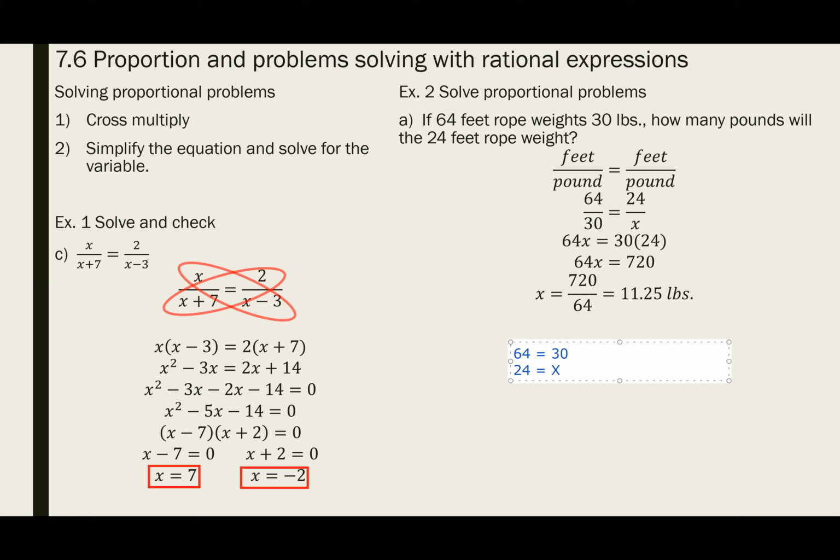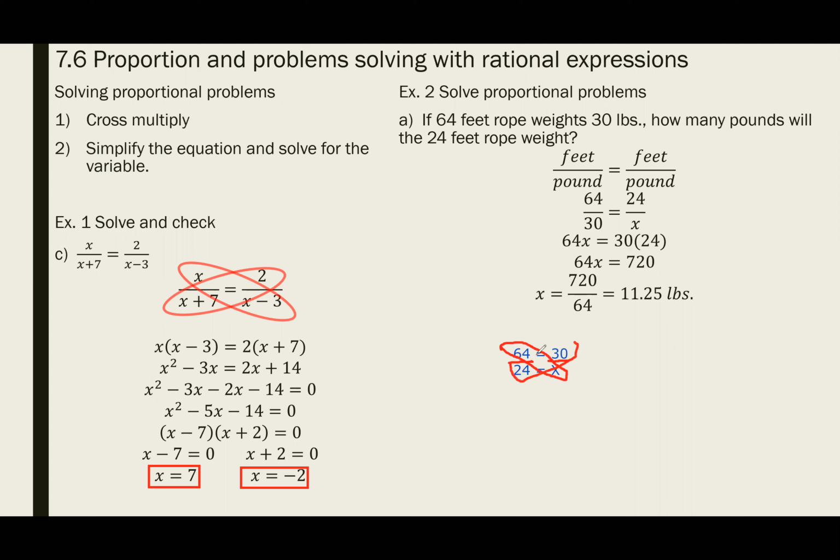If you line up the feet with the feet and the pounds with the pounds, you still get the same thing. They tell you 64 feet is equal to 30 pounds, and 24 feet is equal to how many pounds? I don't know, so this is what we have. And again, you can put it in this way.